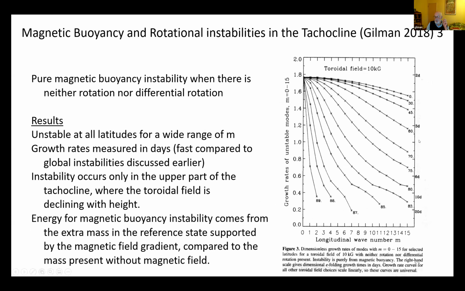You can see the growth rates over here, the e-folding times. At the bottom, you're at 20 days. The top, you're at 2 days. So this is very fast instability. Now, this instability occurs only in the upper half of the tachocline, where the toroidal field is declining with height. Now, the energy for magnetic buoyancy is coming from that extra mass in the reference state, supported by the magnetic field gradient, compared to the mass present without a magnetic field.